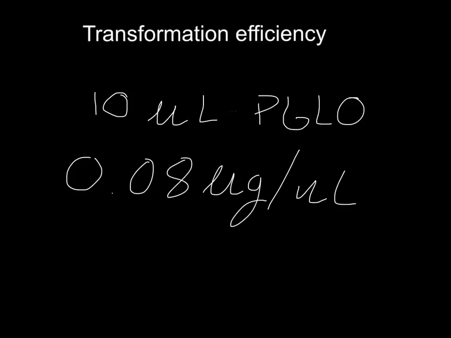Basically, this means that for each microliter of solution, you have 0.08 micrograms of your pGLO DNA.